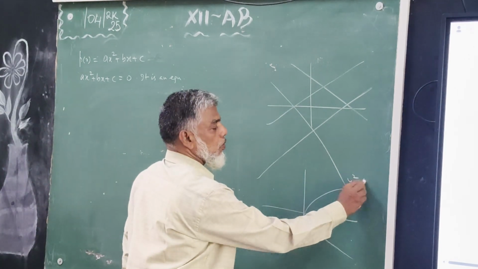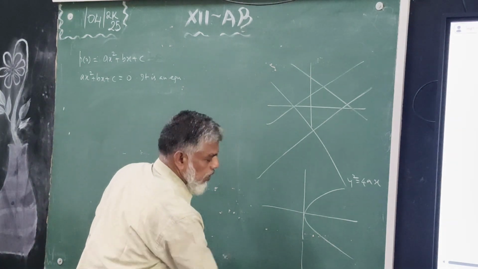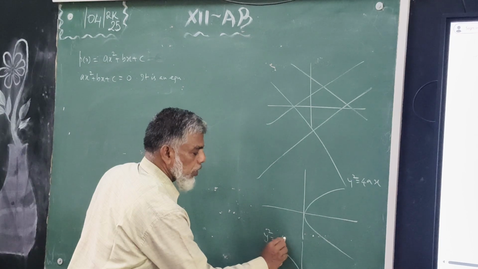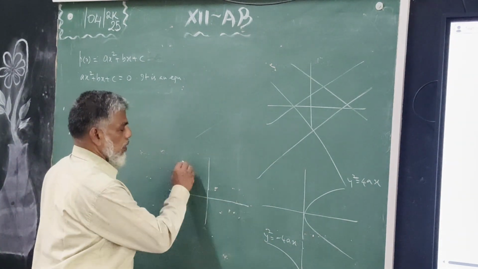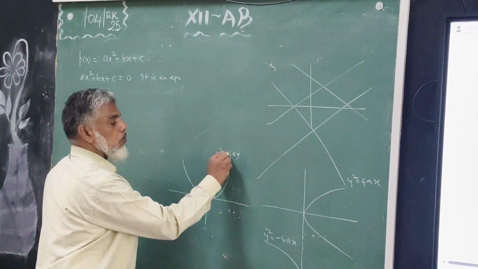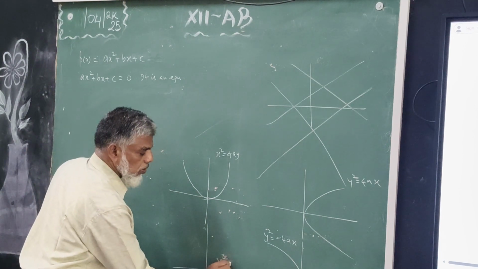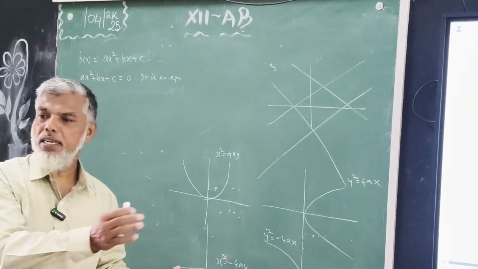Y square equal to 4ax, and this parabola y square equal to minus 4ax, and this parabola x square equal to 4ay, and this parabola x square equal to minus 4ay. Either open upward, open downward, right side, left side.